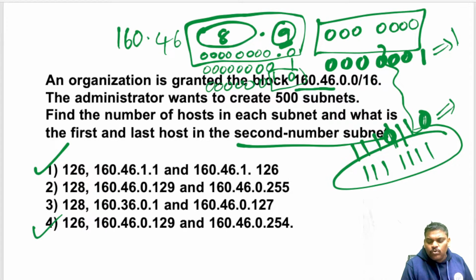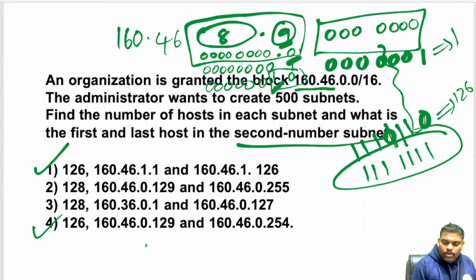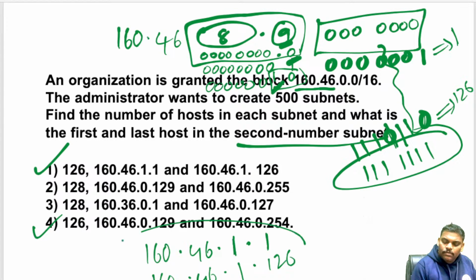This 0 is also gone, right? So 126. Since 1 0 is in the other octet, it is going to be 1. So I'm thinking this is 160.46.1.1 and 160.46.1.126.